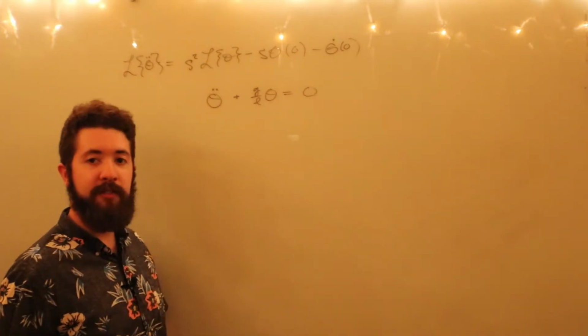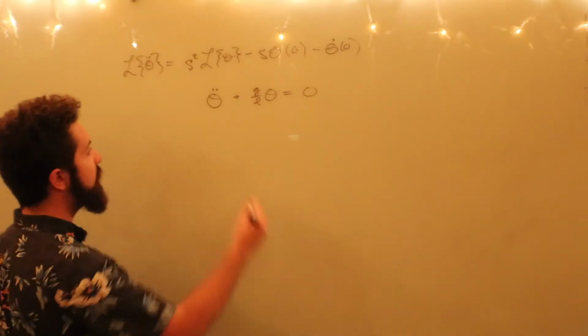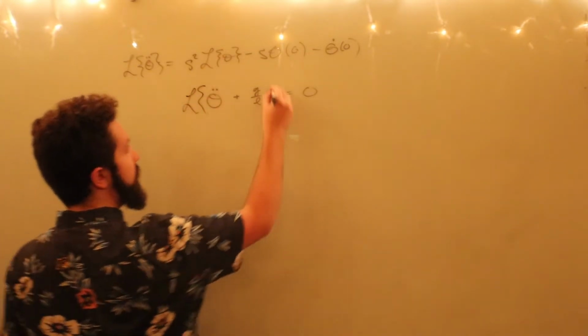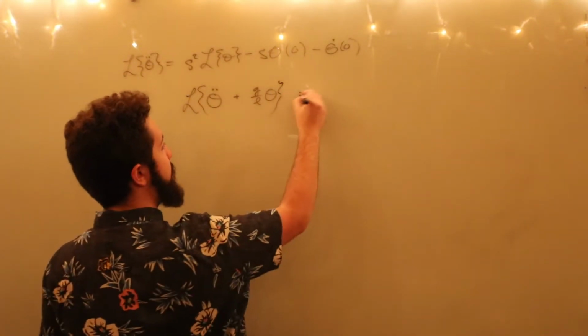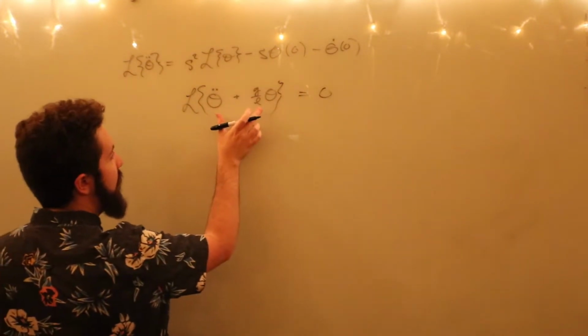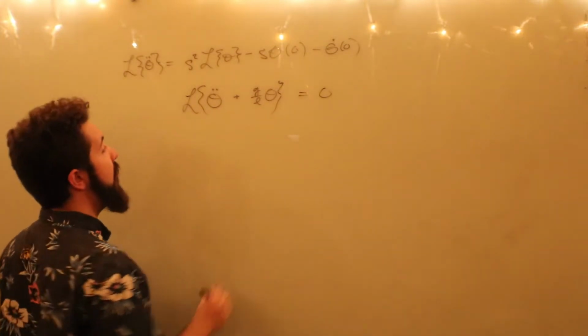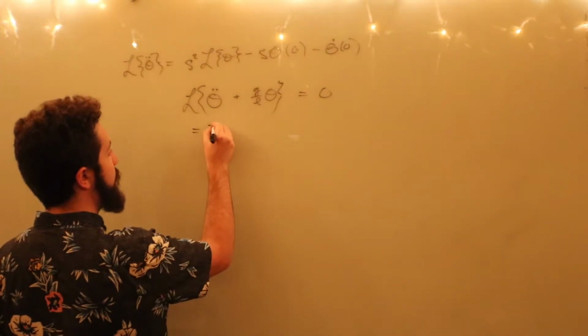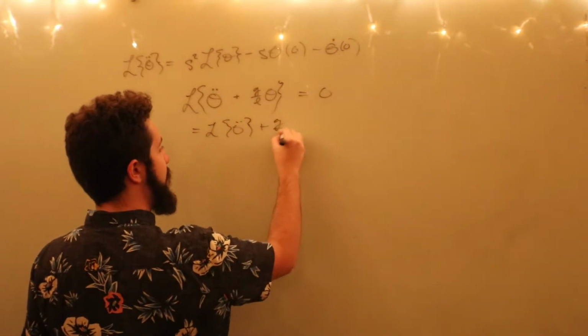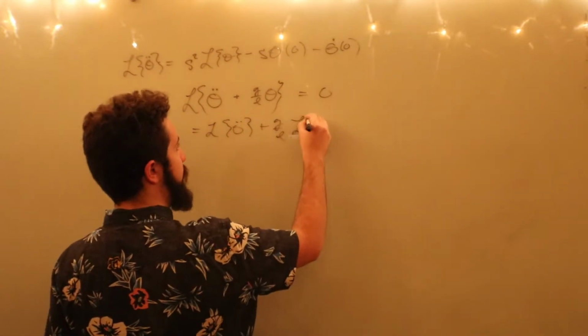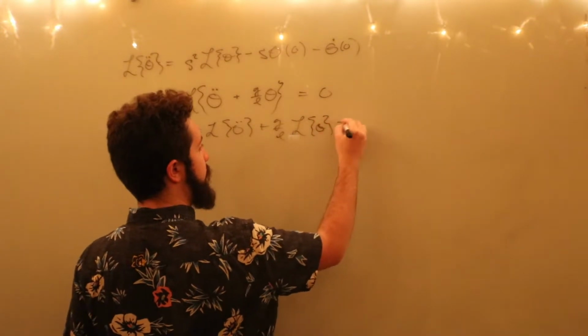Let's take the Laplace transform of both sides. Well, the Laplace transform of 0 is just going to be 0, right? The Laplace transform is a linear operator, which means this is equal to the Laplace transform of theta double dot plus g over L times the Laplace transform of theta.